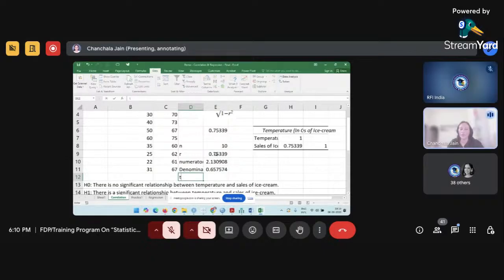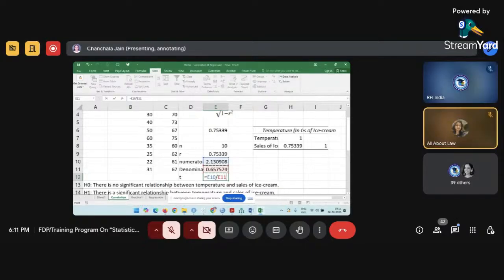Now the t value, which is the ratio of numerator and denominator. I hope everyone has got the same figure, 3.24.